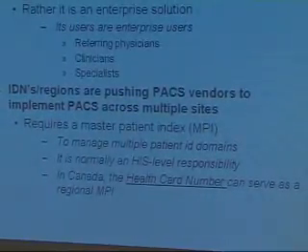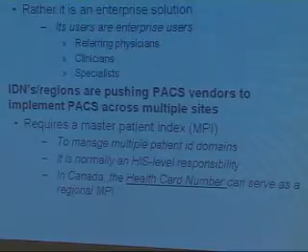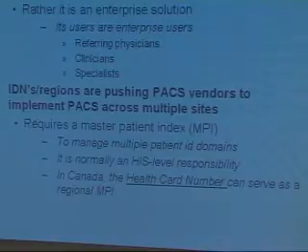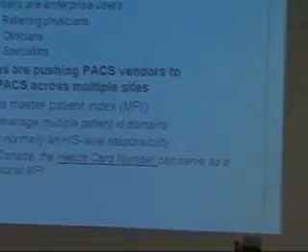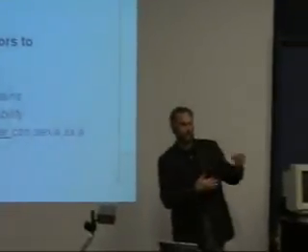It's not a downstream radiology responsibility. Radiology needs to use that number so that it can properly manage its information, but it should not be the creator of that information. However, to implement an MPI, as I discussed earlier, is not an easy task, and that's why we're faced with this problem right now where MPIs don't exist, yet the vendors are being pushed to solve these kinds of problems.